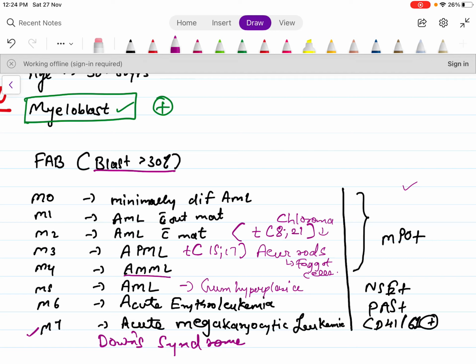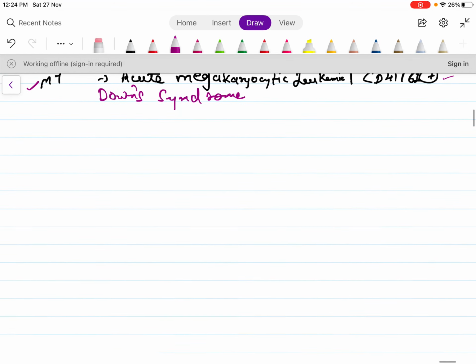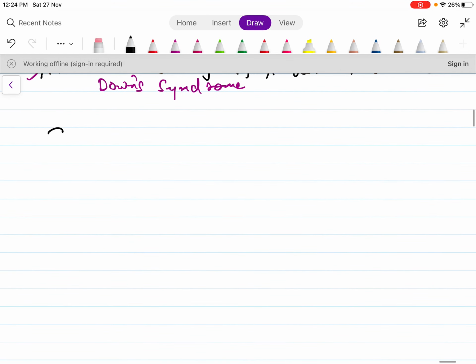For M1, M2, M3, M4, MPO positive cells are seen. For M5, NSE positive, for M6, PAS positive, and for M7, CD41 and CD61 positive. In this way we can come to the diagnosis of the stage, whether it is M1, M2, M3, M4, M5, M6, M7.